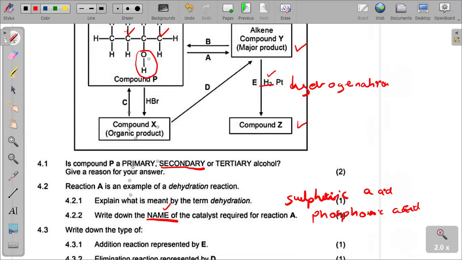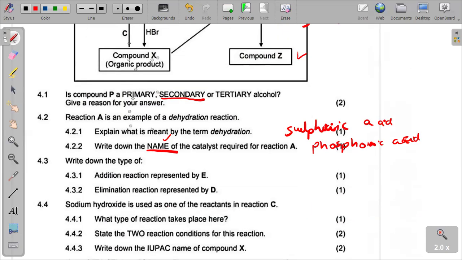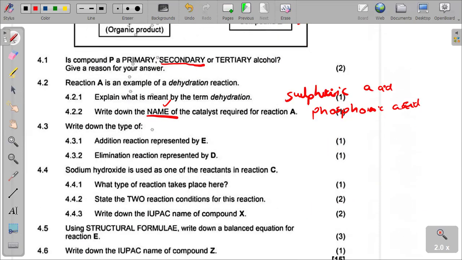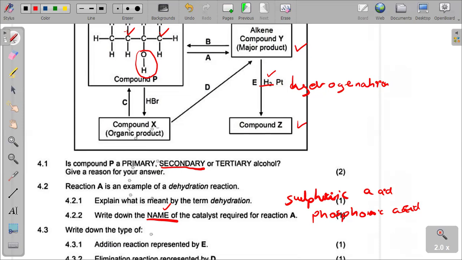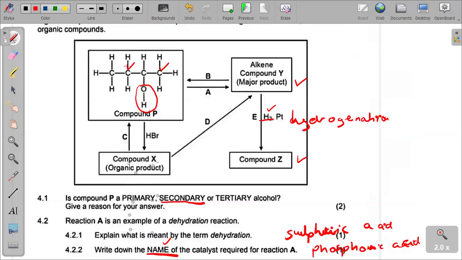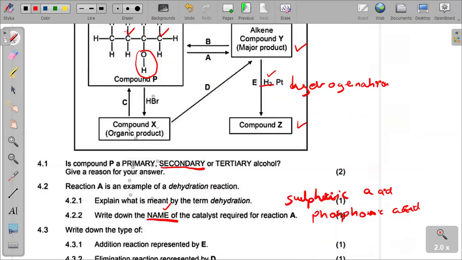All right, so that's our question number 4.3.1. 4.3.2, elimination reaction represented by D. So this is now an elimination reaction again. Let's trace it from the alcohol compound P. So compound P underwent a reaction with HBr.